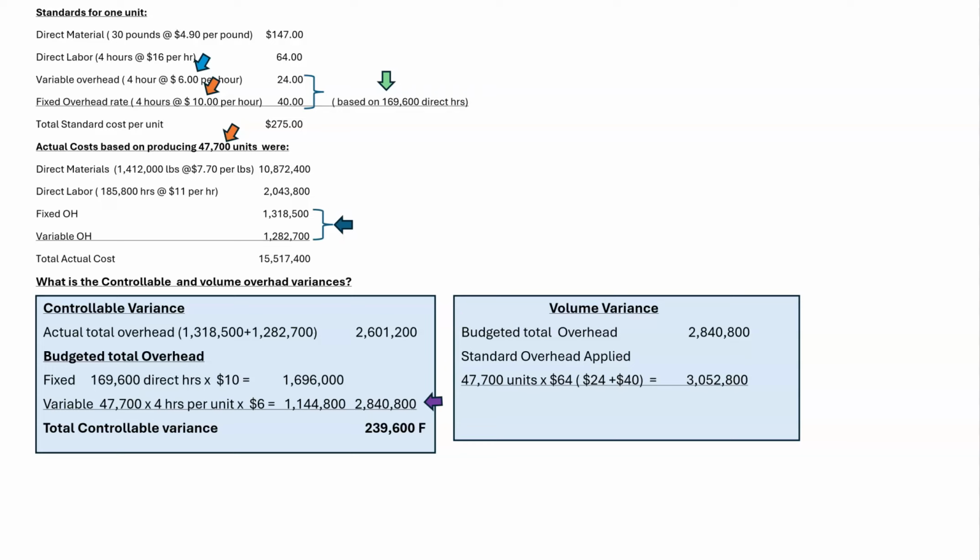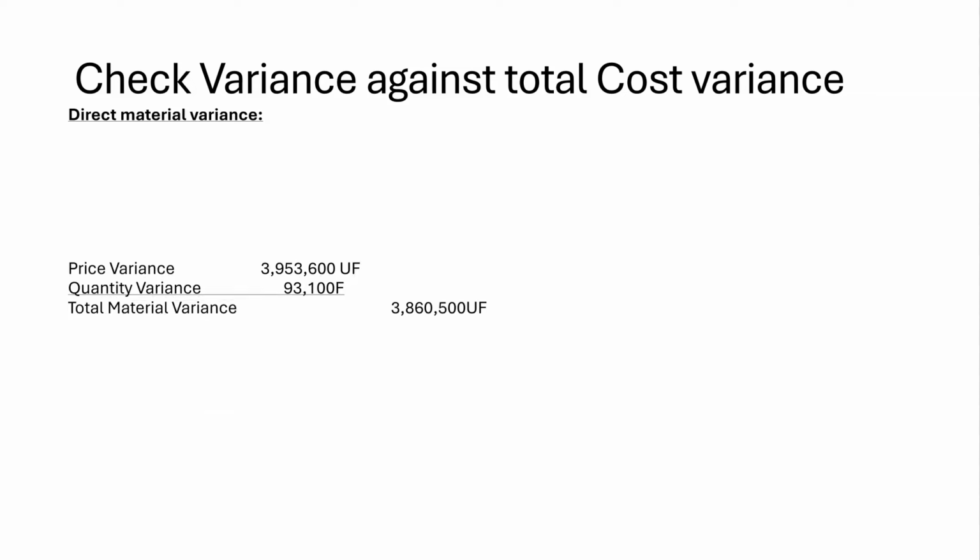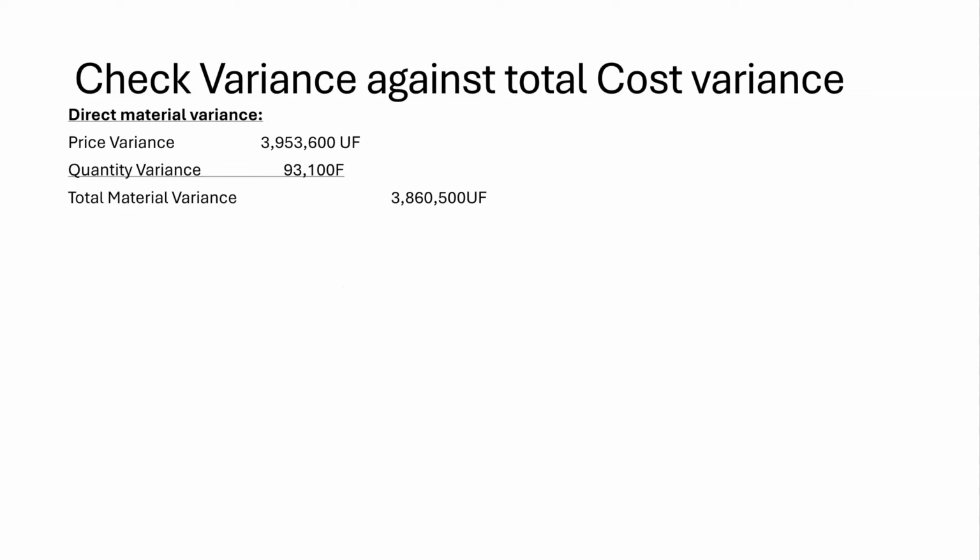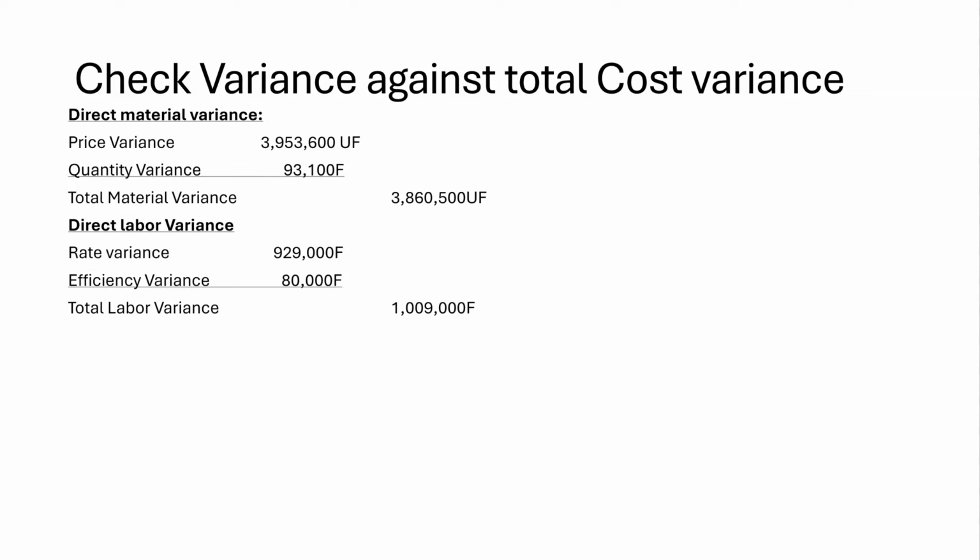You get the same answer. And we have a volume variance of 212,000 favorable. But do we have enough? No, obviously we don't.